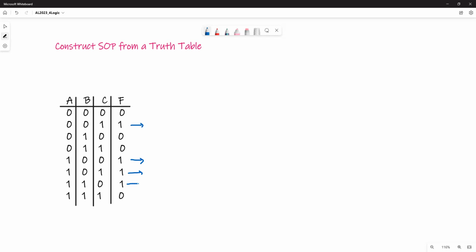We write a product term for each one. So how do you write the product term? Focus on this one.